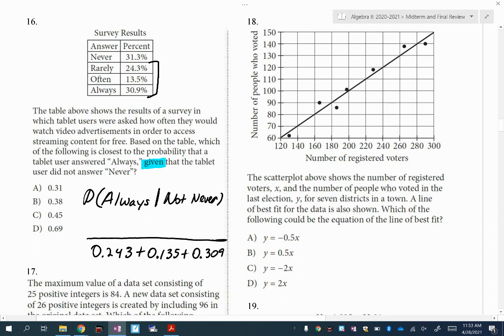And in the numerator is where you put what you're looking for. You're looking for always, all right? And always is just 0.309. All right, so if I type this into Desmos, I'll have my answer for number 16.